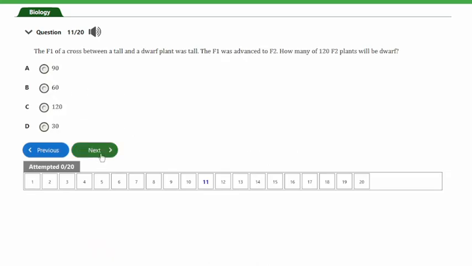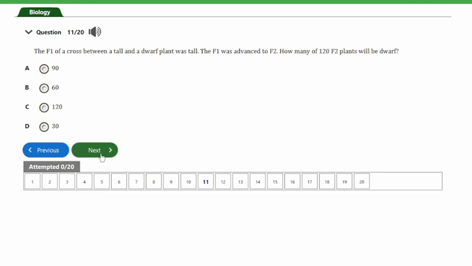Question number 11. It says, the F1 of a cross between a tall and a dwarf plant was tall. The F1 was advanced to F2. How many of 120 F2 plants will be dwarf? So guys, the options we have here are A 90, B 60, C 120, and D 30.